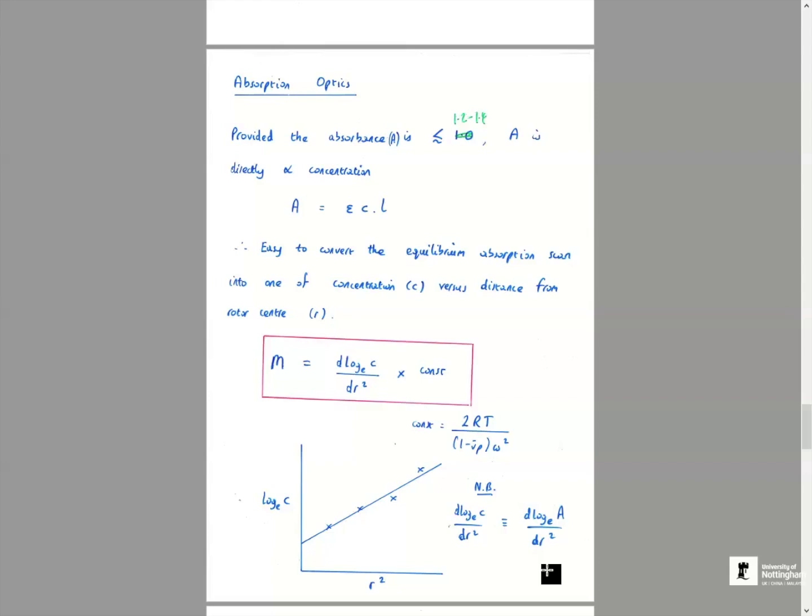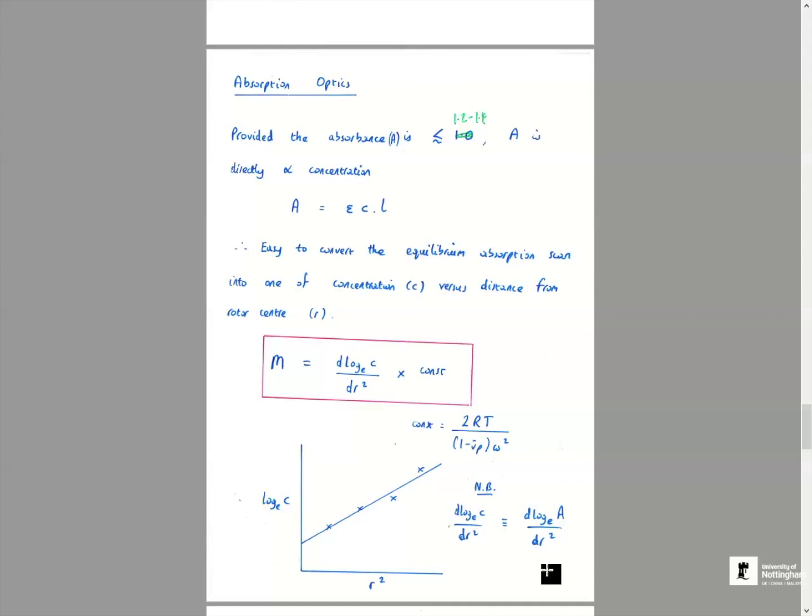Almost. It's on the bottom, so it's centimetres to the minus 2.